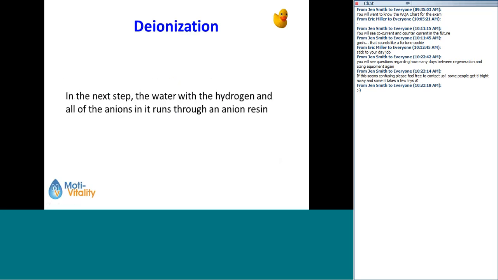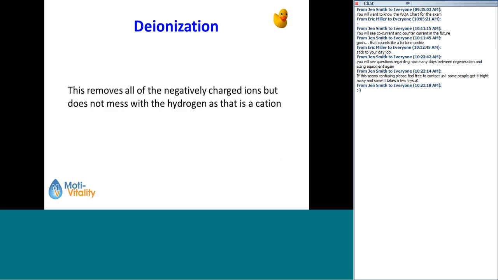In the second step, the water with the hydrogen and all of the anions in it runs through an anion resin. An anion resin is going to take out all the positively charged ions. Okay? So, I'm sorry, it's going to take out all the negatively charged ions. So that removes all the negatively charged ions, but it doesn't mess with the hydrogen, as that's a cation.